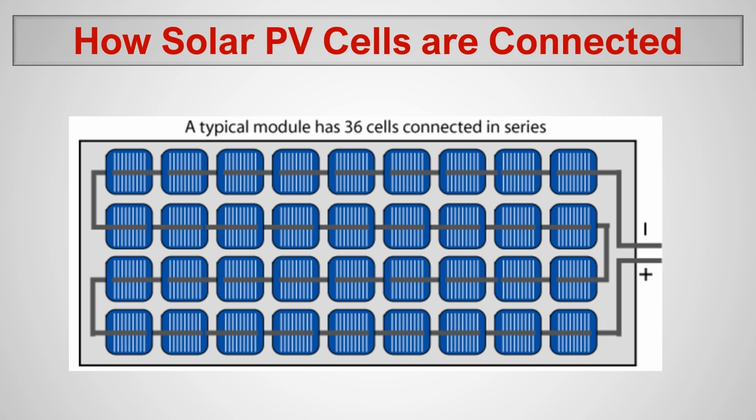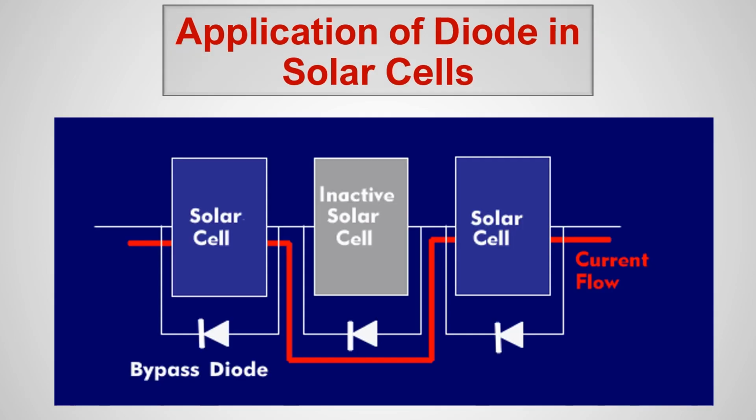Now we move on to the application of the diode in these solar panels. Look at this diagram. We have three solar cells: two active solar cells and one inactive solar cell. An inactive solar cell means that this particular solar cell has a shading problem.